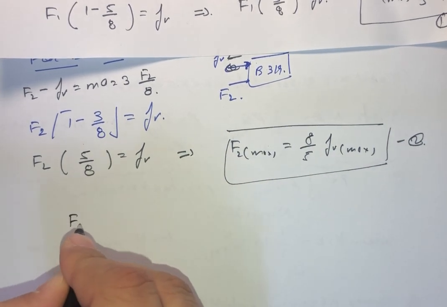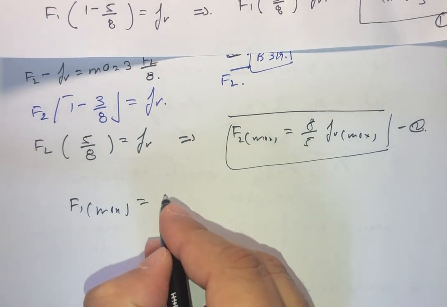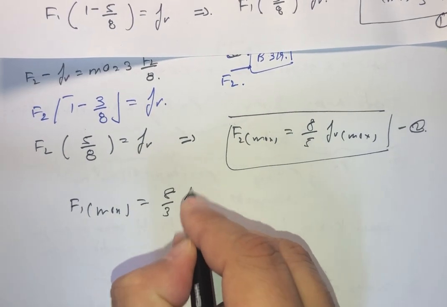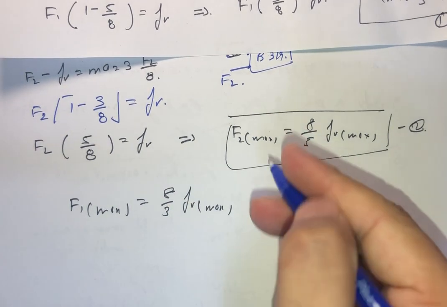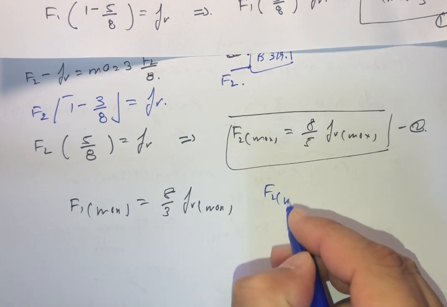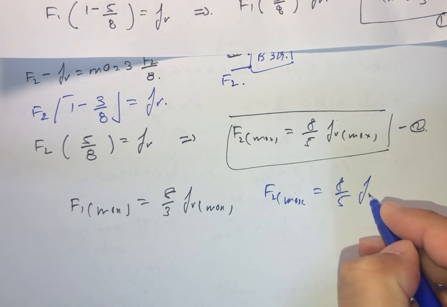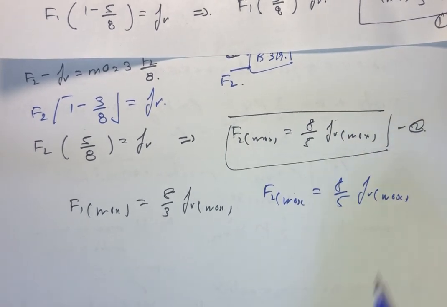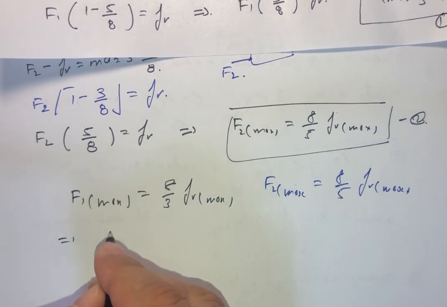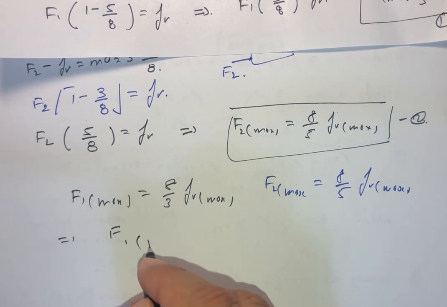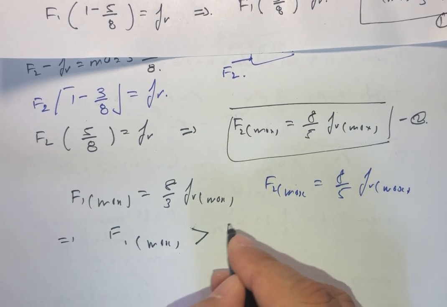Our F1 max is equal to 8/3 Fr max, and F2 max is equal to 8 upon 5 Fr max. So from here we can clearly say that our F1 max is greater than F2 max.